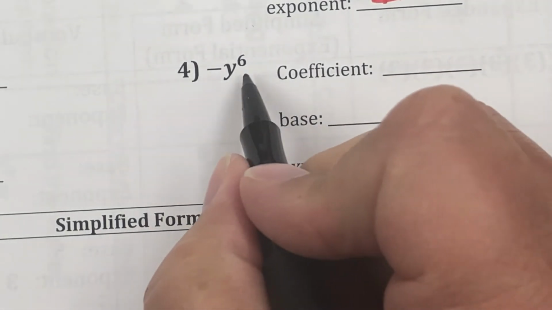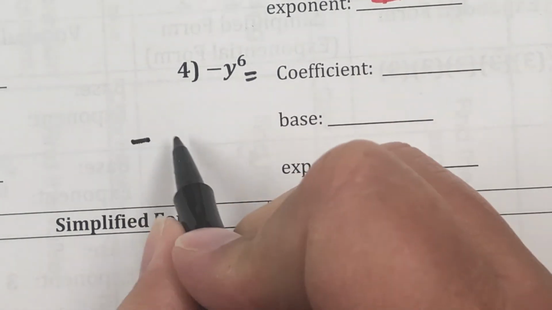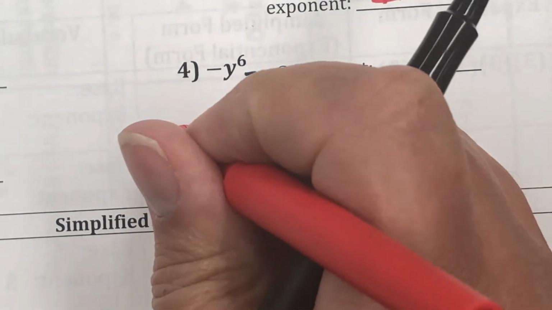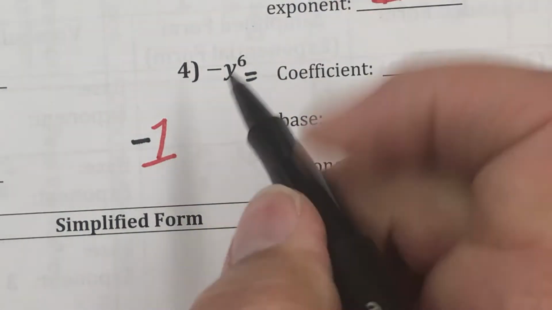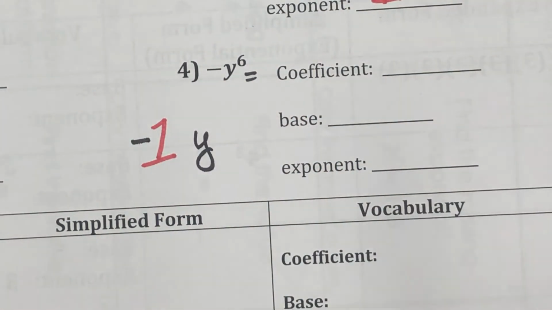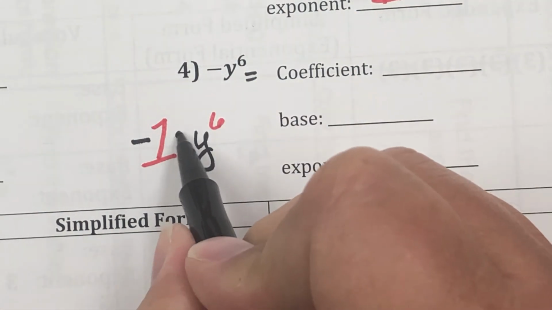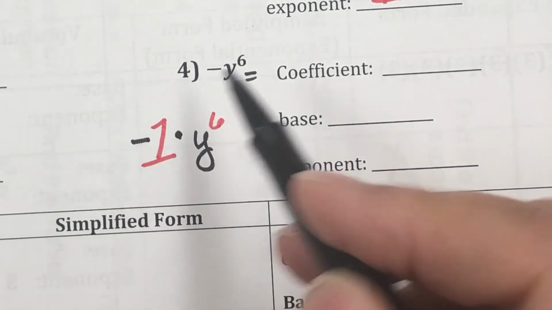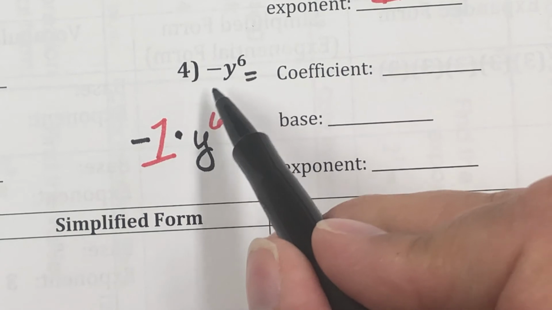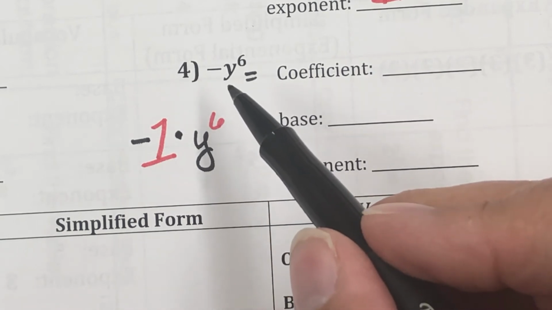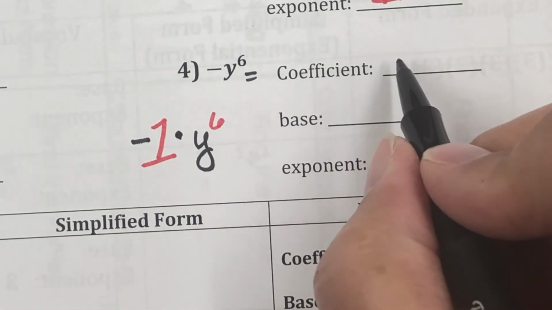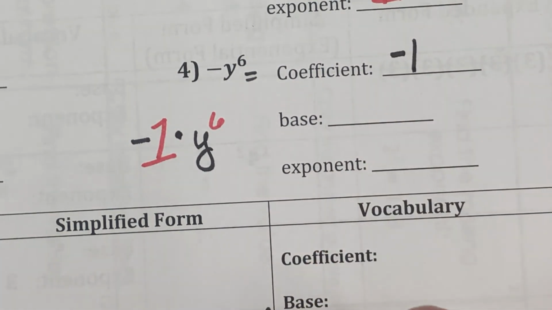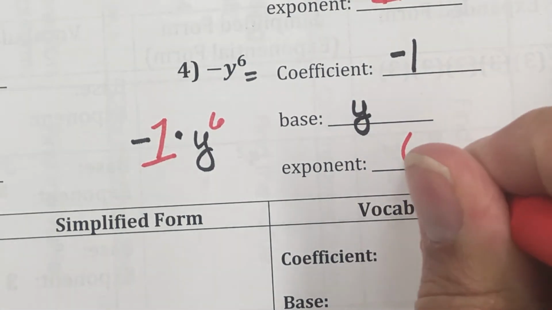I'm going to rewrite this as -1 times y to the 6th power. I'm even going to put a little dot in the middle here. My coefficient here is -1. Even though there's no 1 here, it's implied. So I have a coefficient of -1, a base of y, and an exponent of 6.